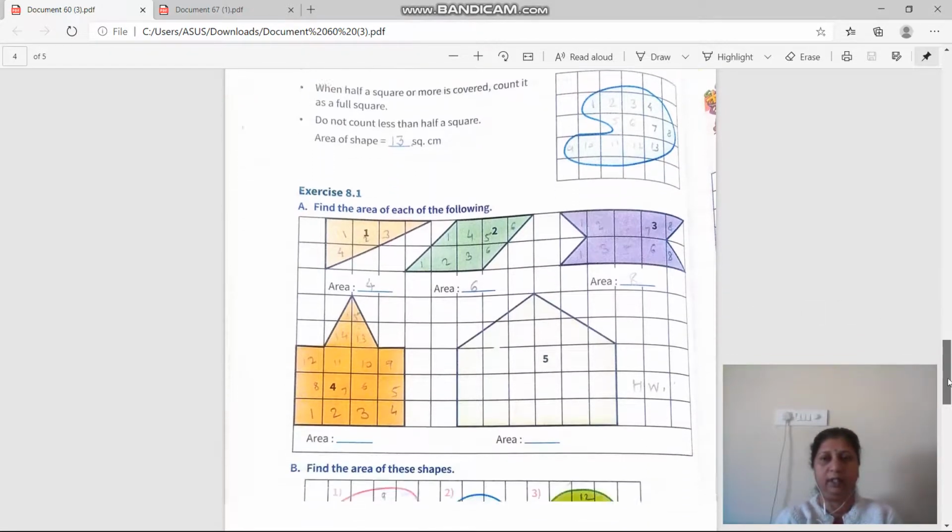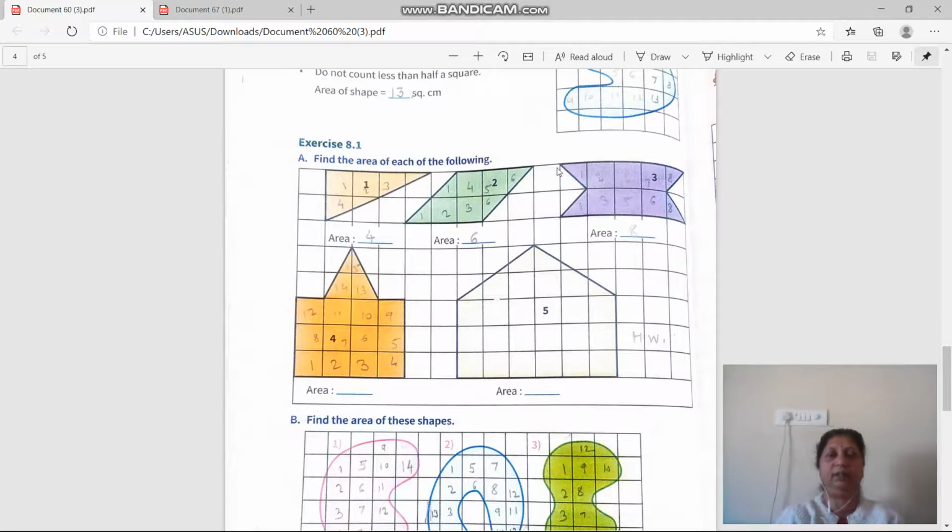Okay. Now let's see these diagrams. Okay. So we will calculate just the fourth and third one. Okay. So this half and half, it becomes 1. Okay. 2, 3, 4, 5, 6, 7, half and half, 8. Get it?